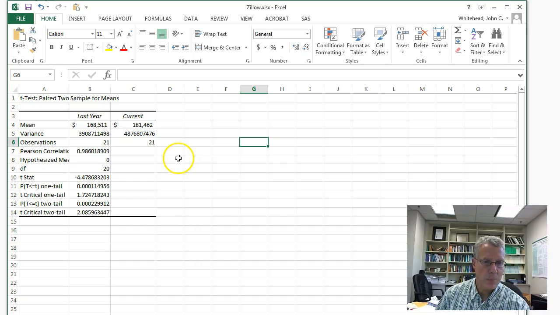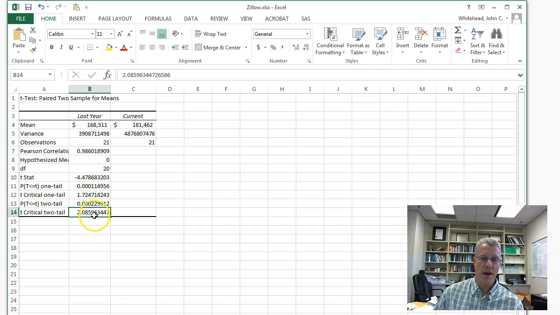And the T statistic is negative 4.48, which means that last year is less than this year's. The critical two-tail value is 2.09, and so negative 4.48 in absolute value is way above that, so we'd say that's statistically significant.